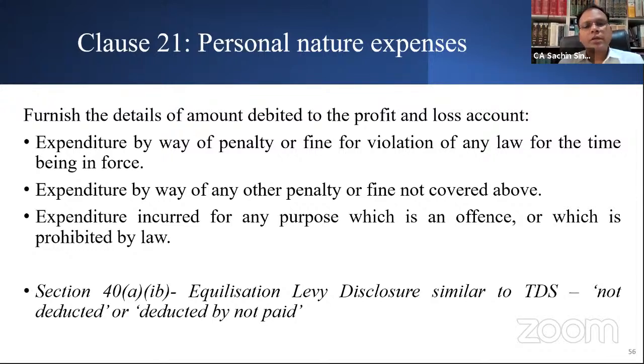If it is so, nowadays this transaction is covered under the equalization levy. And if you fail to deduct the equalization levy and make payment to the government account, then disallowance under section 40A(ib) is there, and that too 100% and not 30%. So in that case, please be very, very careful that the expenditure should not be passed without very proper verification, even if the transaction is made through credit card.